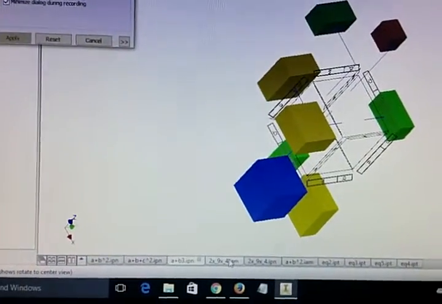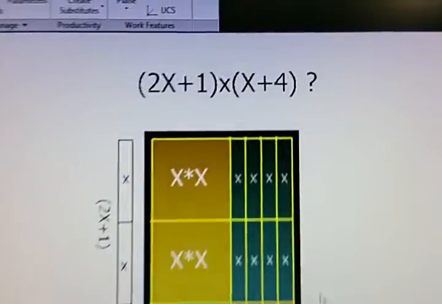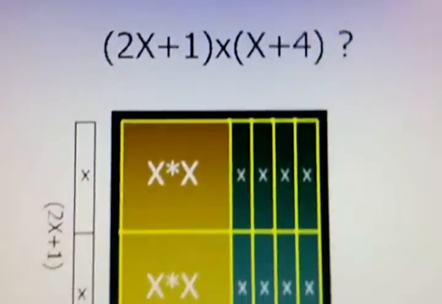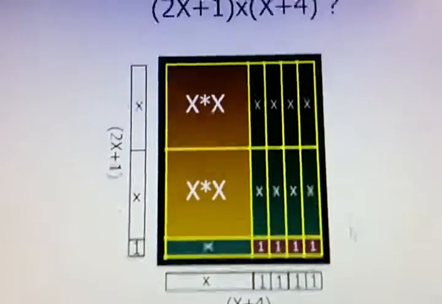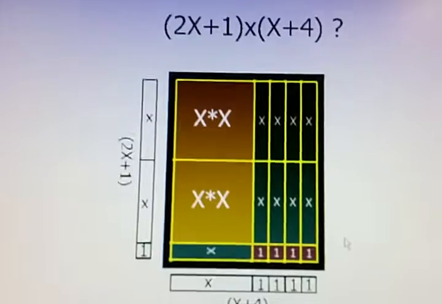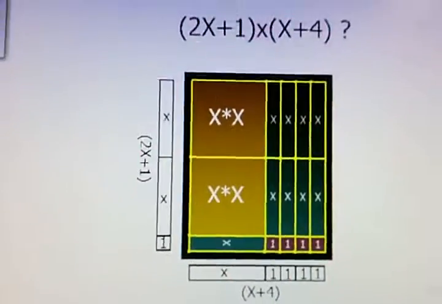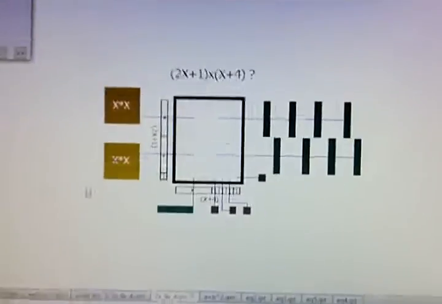Apart from the normal identities, there is one simple quadratic equation, which is (2x+1) into (x+4). This is a wireframe which represents the complete area. Now we'll be deconstructing this solution so that students get to know what exactly the answer is.